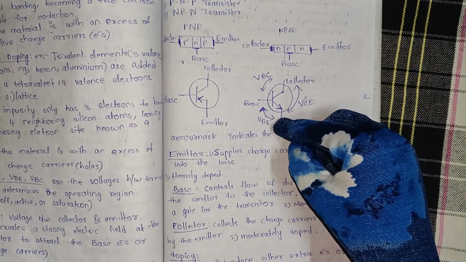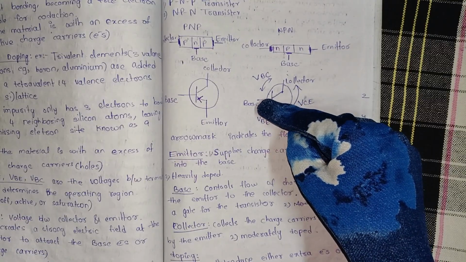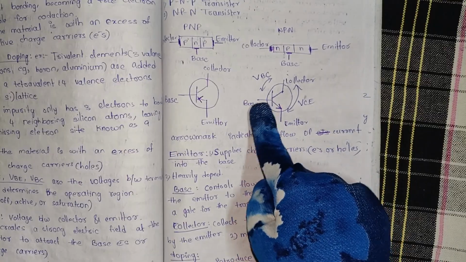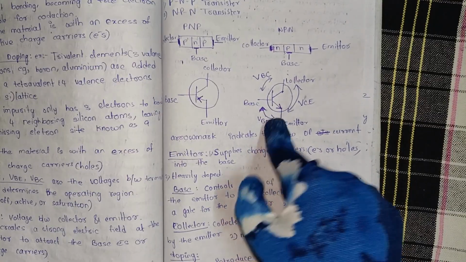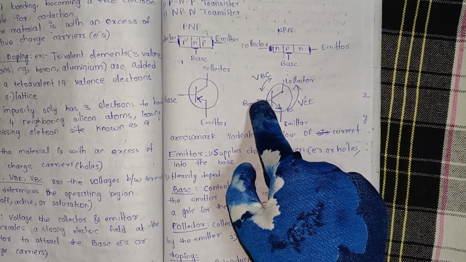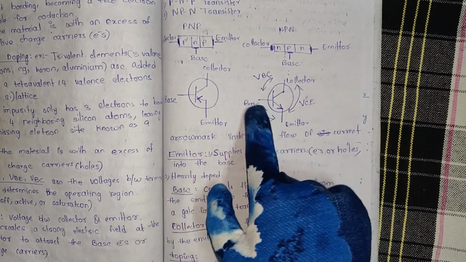Emitter is here. It supplies charge carriers into the base. Okay. Means the current direction will be in the opposite direction. The charges are moving from emitter to base. So the current is flowing from here to here. Okay. Base to emitter.